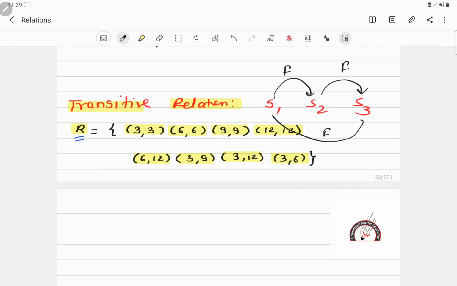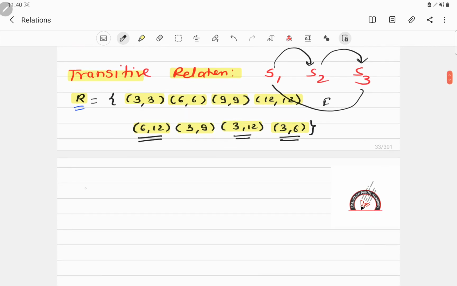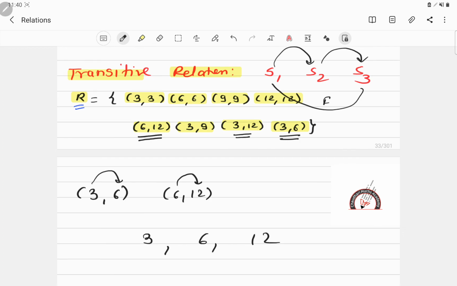Okay, so please observe here 3 6, 6 12 and 3 12. I have underlined these three ordered pairs. So first one is 3 6. So 3 is a friend of 6. Then here I underline this 6 12. So you will observe 6 is a friend of 12. So it's between these three friends 3, 6 and 12.